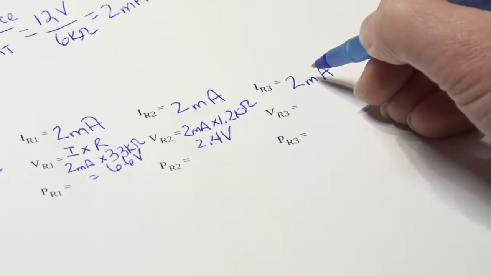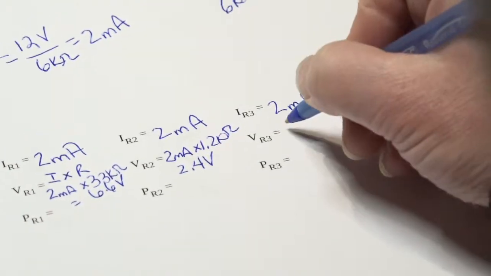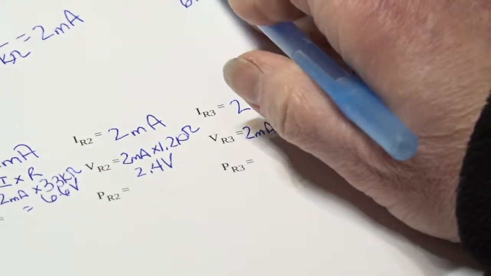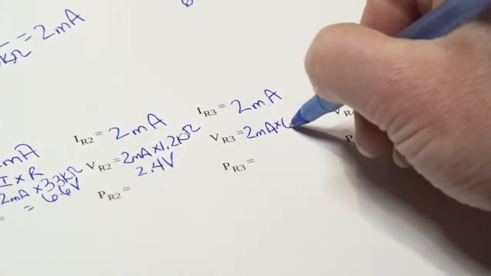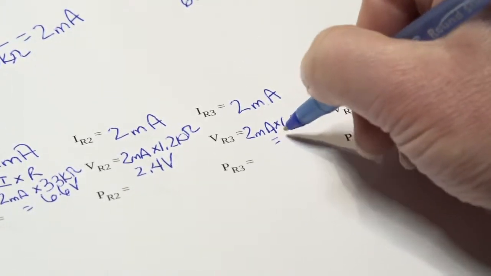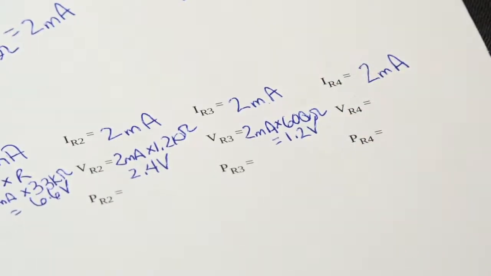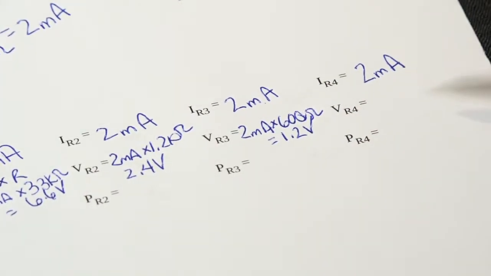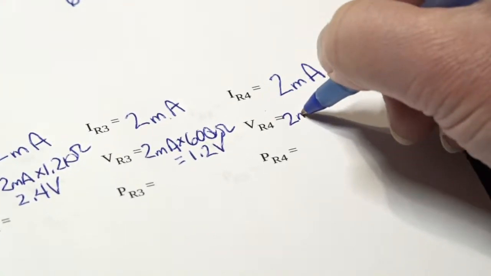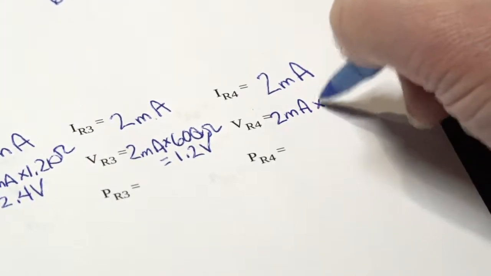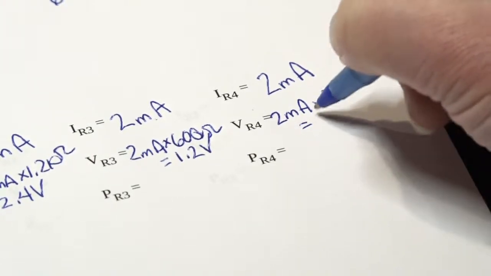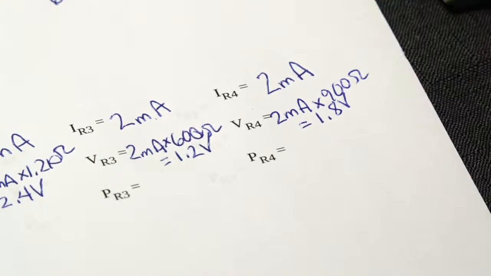And then for our next one, we have 2 milliamps times resistor 3, which is 600 ohms, which gives us 1.2 volts. And last but not least, we have 2 milliamps times 900 ohms, and that equals 1.8 volts.